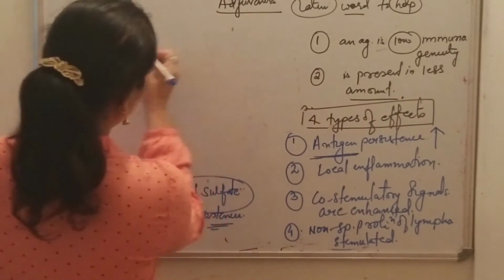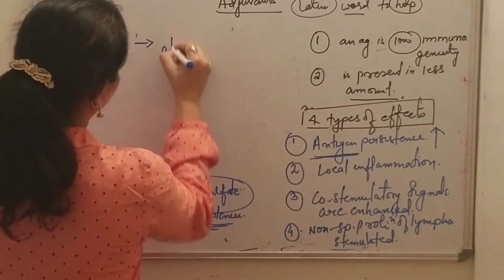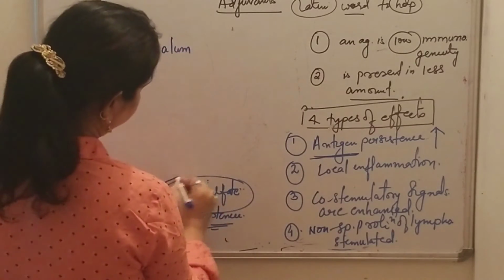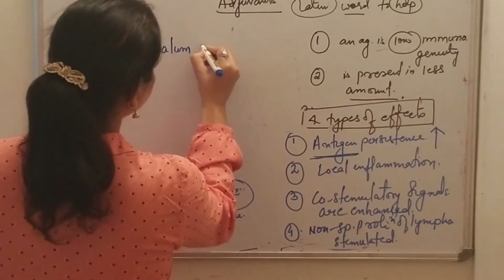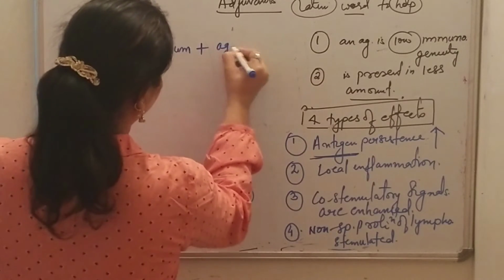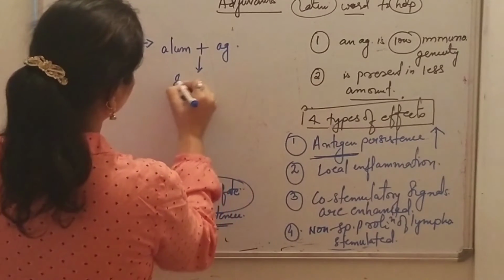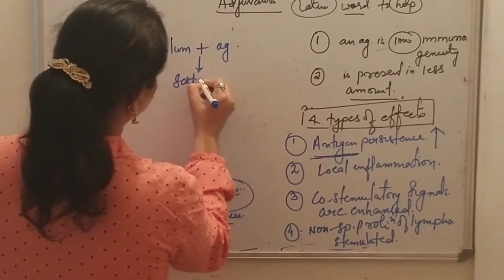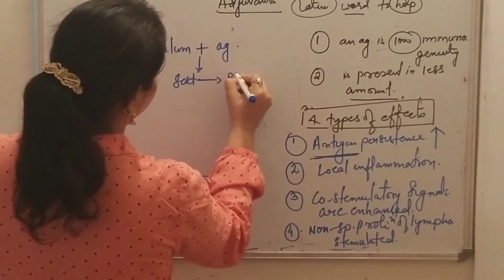Whenever alum, or aluminum potassium sulfate, is mixed with an antigen, this salt precipitates the antigen.